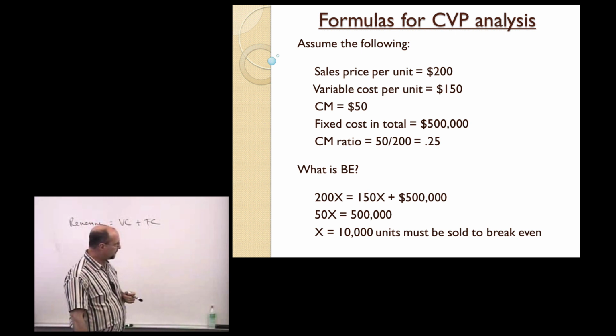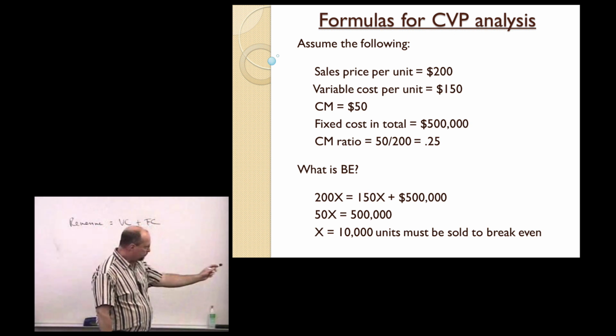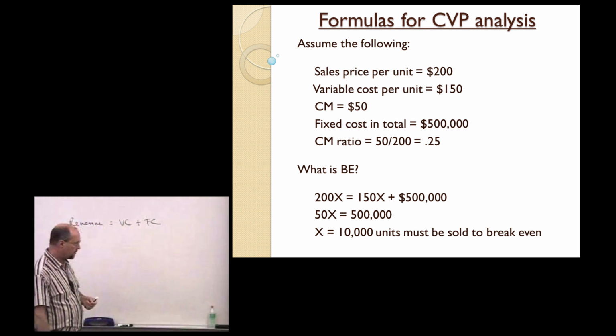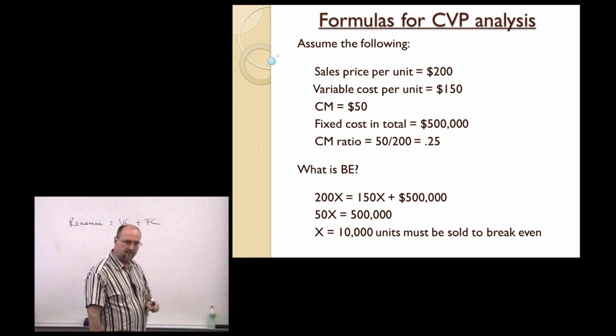What's the break-even point? So let's plug in this formula. Notice, each unit gets sold for $200. X represents the number of units we will sell to break even, to cover our costs. Each unit that we sell, we know the variable cost per unit is 150, and we know that our fixed costs in total are 500,000.